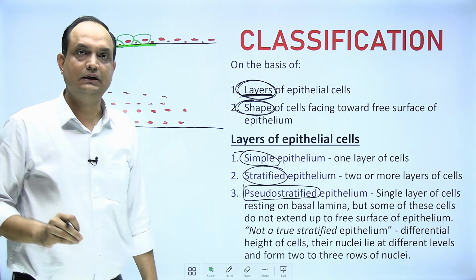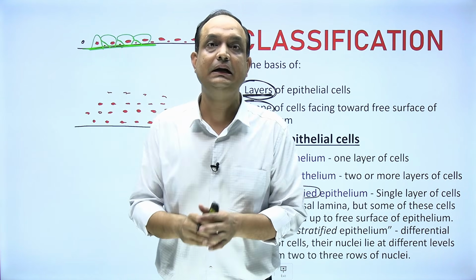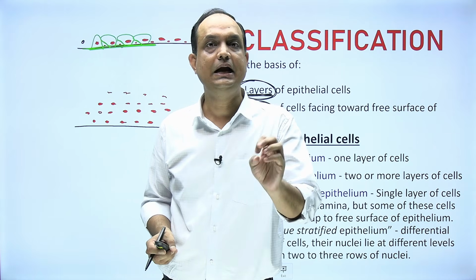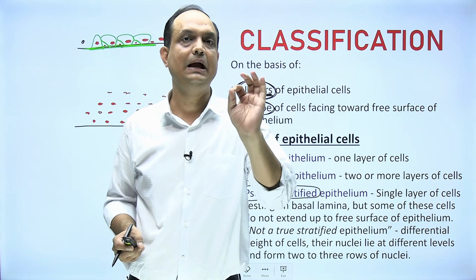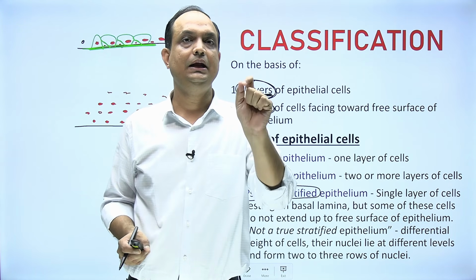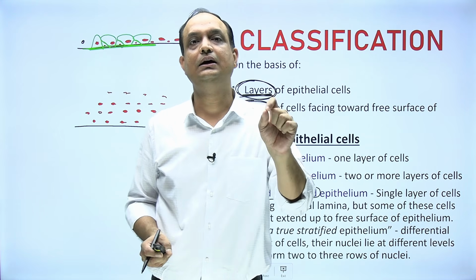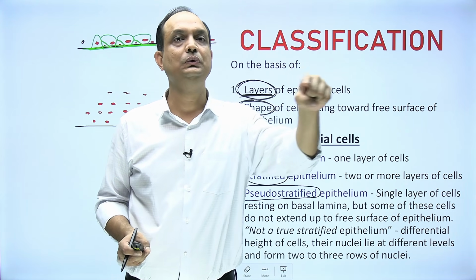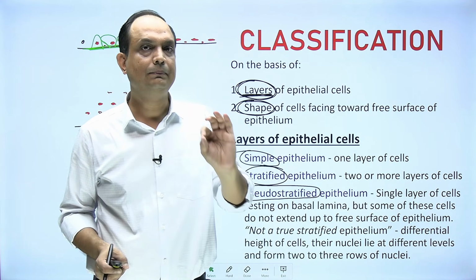So my dear students, the concept that should come to your mind is that whenever I try to identify any epithelium, my main aim is to check the nuclei. If you are dealing with a single layer of nuclei, you are dealing with a simple epithelium.